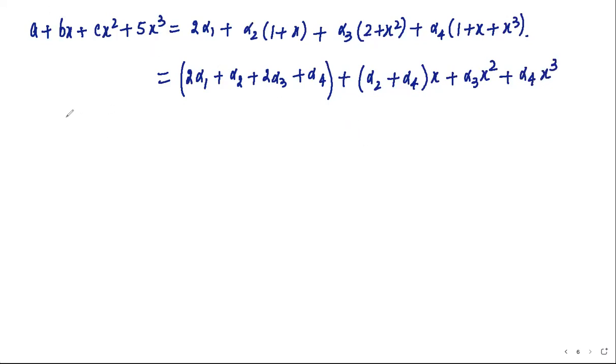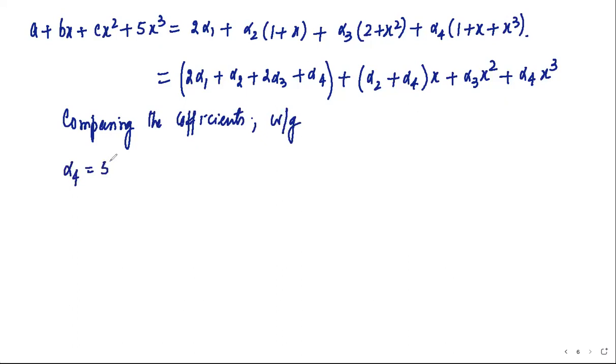So now comparing the coefficients, what do we get from here? We get directly alpha 4 is equal to 5, okay. And similarly alpha 3 is equal to c.